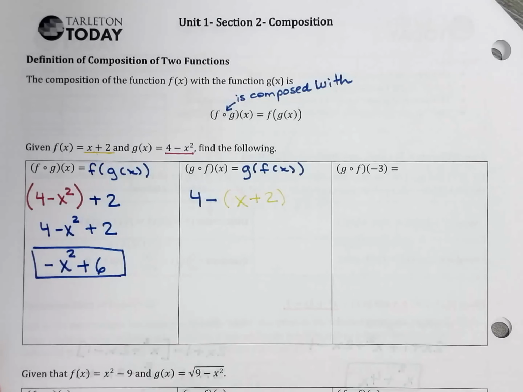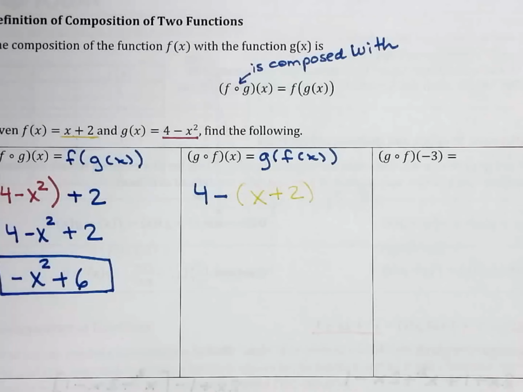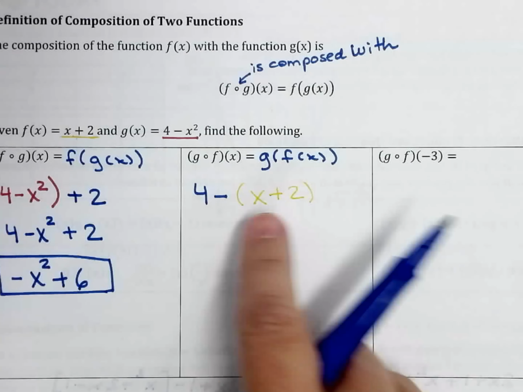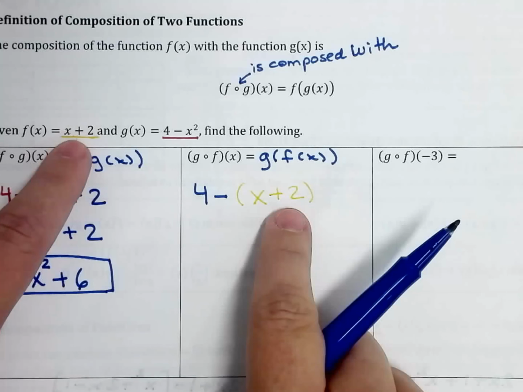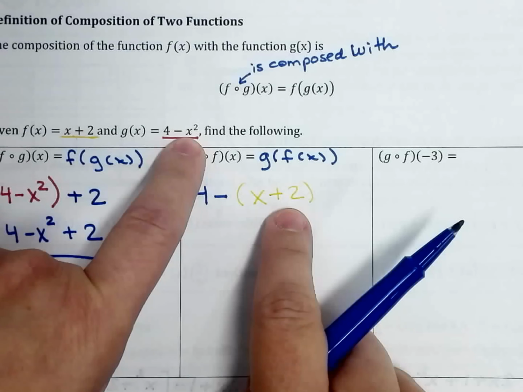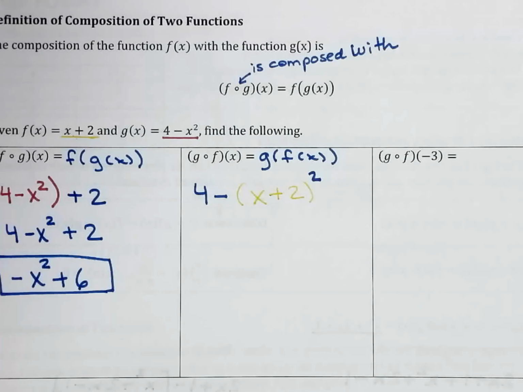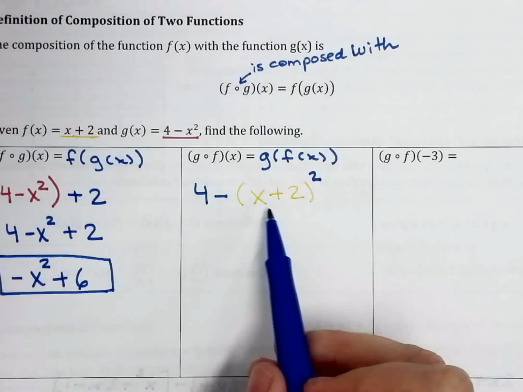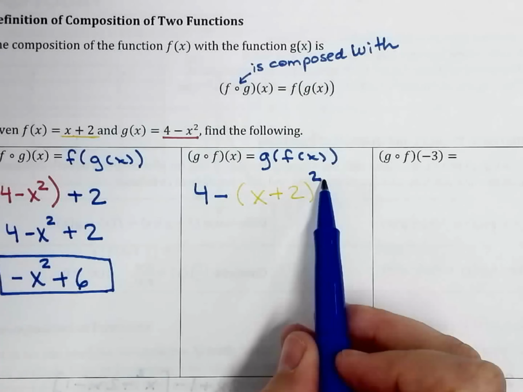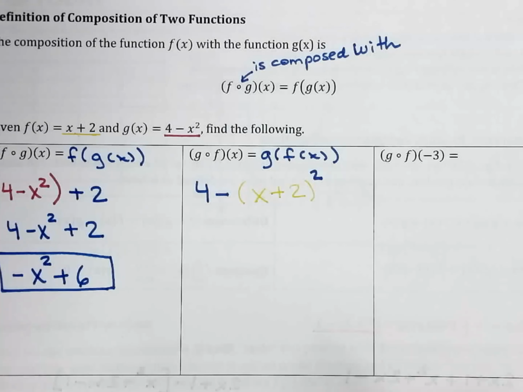Can you see that? Let's zoom in. Yeah, you can see that. So notice that I used the yellow function x plus 2 right there to substitute this x from g of x. And this is squared. Okay, x plus 2 squared, that means x plus 2 times x plus 2.